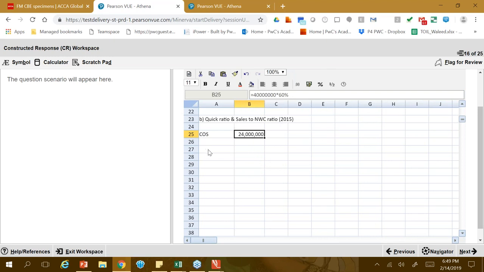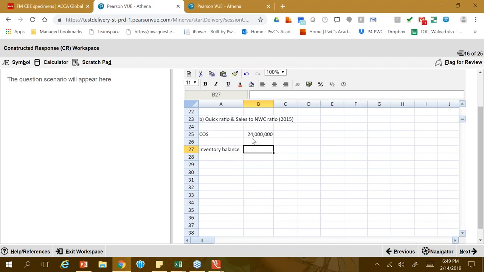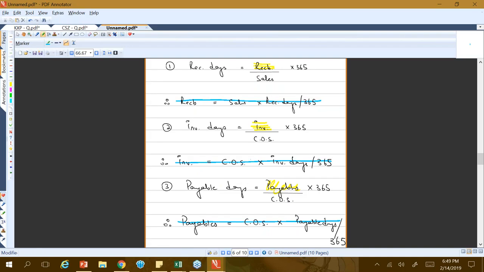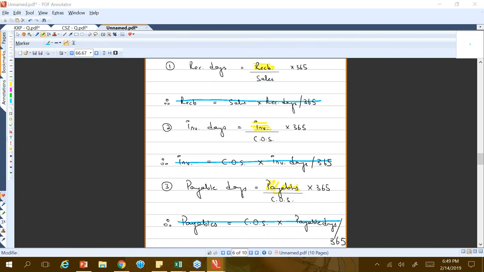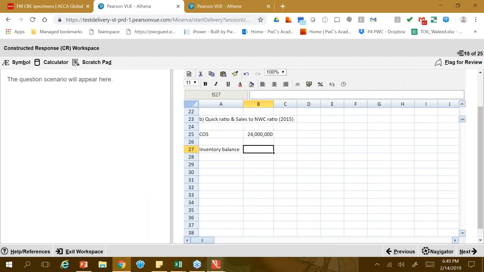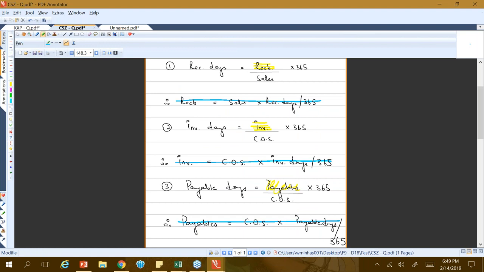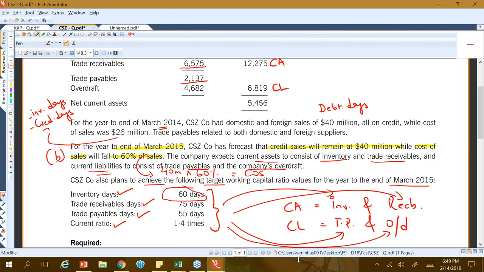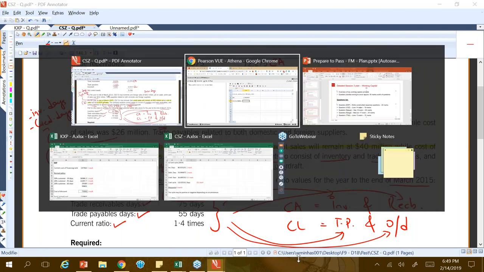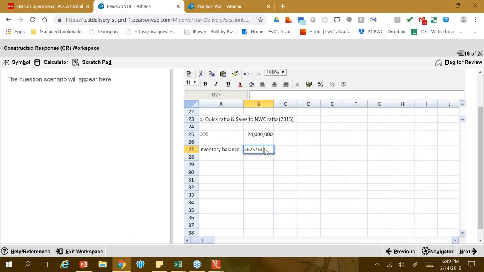Now, I want to find the inventory balance. To find the inventory balance, remember the calculation is what I showed you earlier, which is cost of sales into inventory days over 365. I already have the cost of sales. Do I have the inventory days for the next year? Yes, we have the inventory days for the next year, which are 60 days. So I'll take the cost of sales into 60 days over 365.